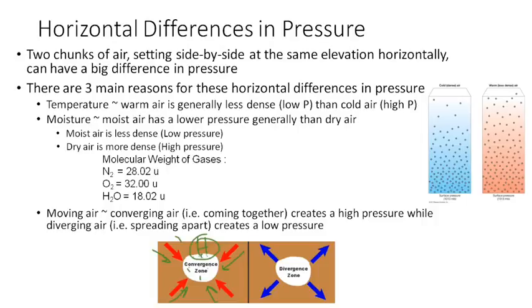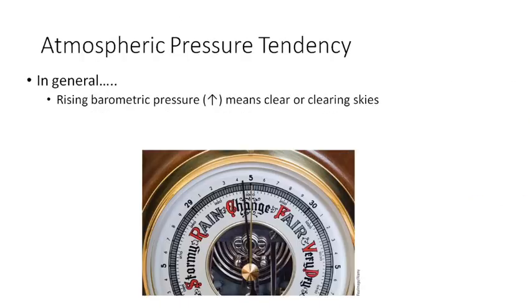If one of those kids eats too much candy and throws up, okay, you're going to have the kids scatter. They're going to actually create a low pressure there. And so if you have air that is scattering from a region, then it's creating a natural low pressure there. So those are three ways that you can get high and low pressures at the Earth's surface.